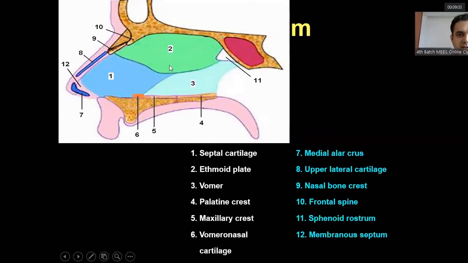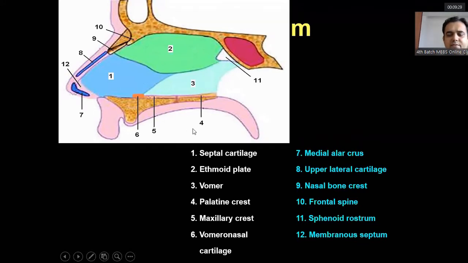This one is septal cartilage, ethmoid plate, this is the vomer, and here this is the palatine crest, this is the maxillary crest, and this is the vomeronasal cartilage, and similarly this is the medial alar crus, and this is the upper lateral cartilage. This is the nasal bone crest, and this is the frontal spine, sphenoid rostrum. And here this is the membranous septum.